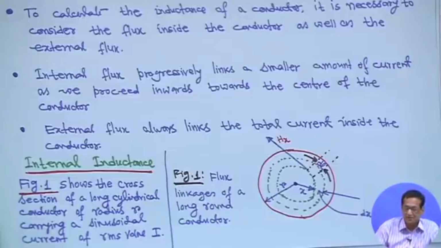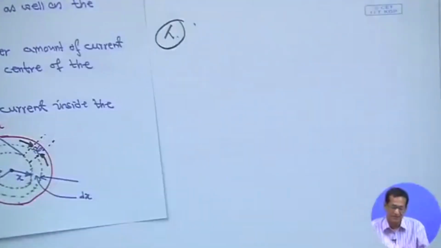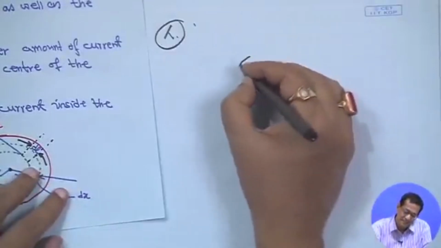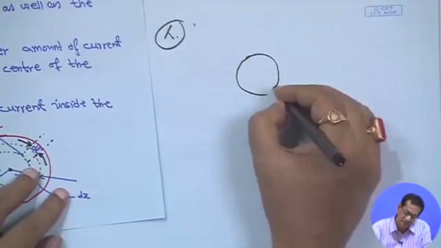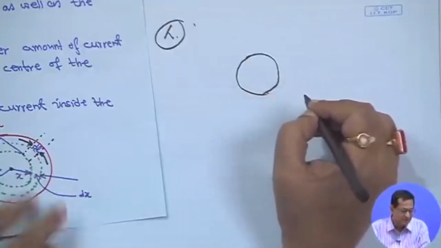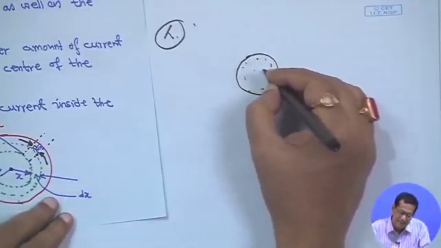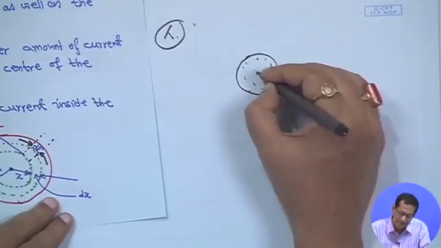Now, internal flux progressively links a smaller amount of current as we proceed inwards toward the center of the conductor. For example, say this is the cross-sectional view of the conductor, and it is carrying current. Assuming uniform current density, suppose this is the center.